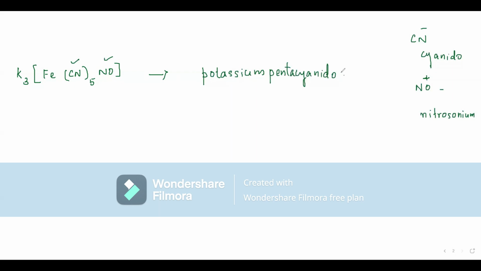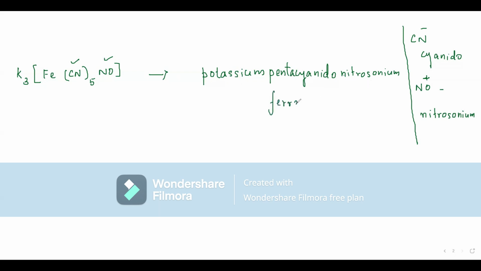I'm continuing here, nitrosonium. The rest I'll be writing down, but the name is actually to be written as a single word. Potassium pentacyanido nitrosonium.